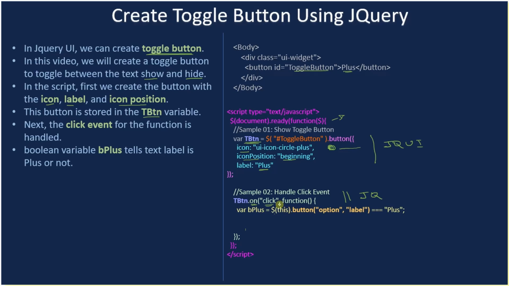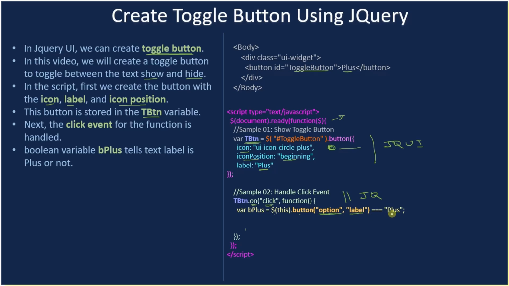So $(this) here denotes the tbtn, and we are calling the button function again, right? This time, if you see, option label, right? To this button, if you pass option and then you pass the property, here the property label, it will return the current label. If you pass option icon, it will return the current icon.